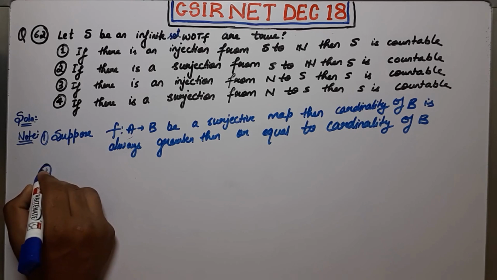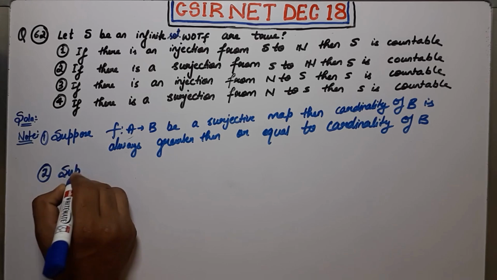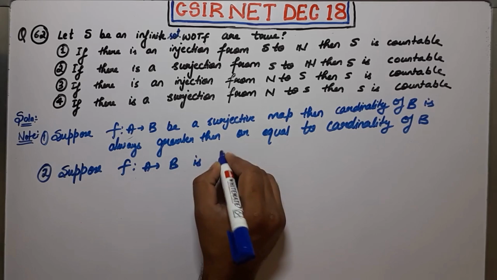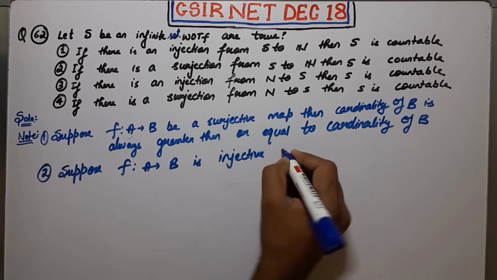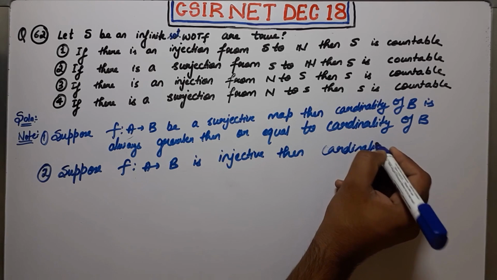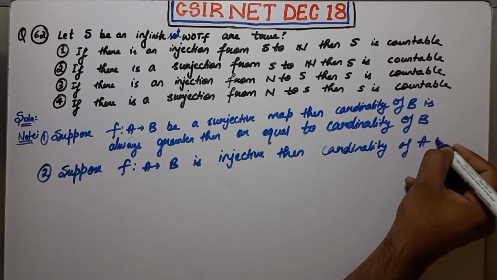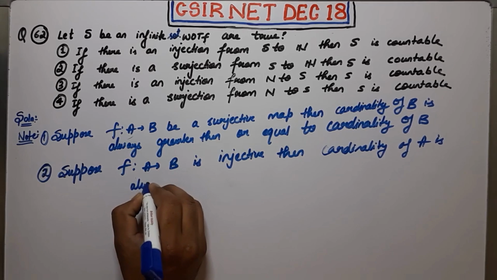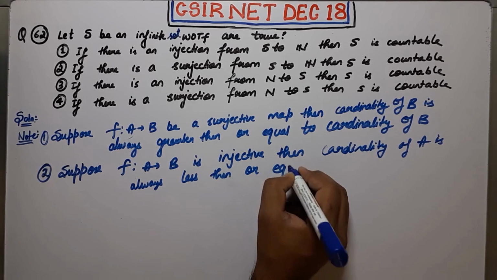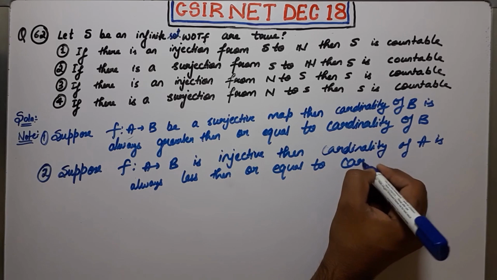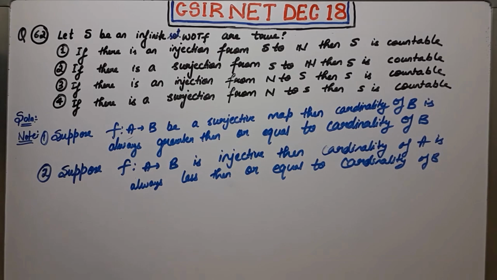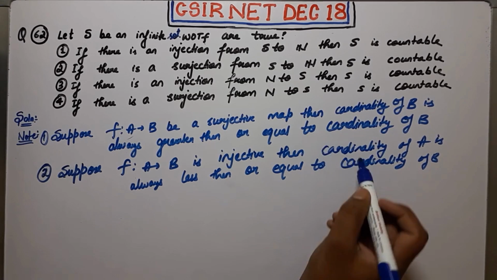Now for note 2, suppose f from A to B is injective, then the cardinality of A is always less than or equal to the cardinality of B. I'm again saying that for the infinite case it will be a little bit of an abuse of notation.